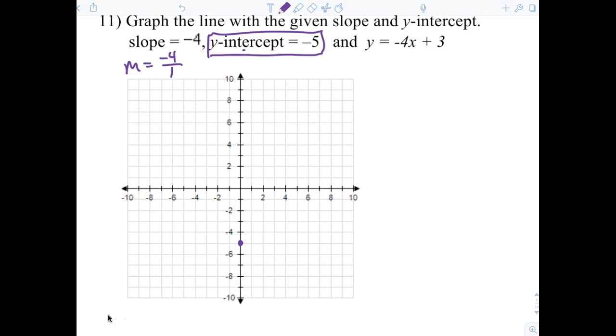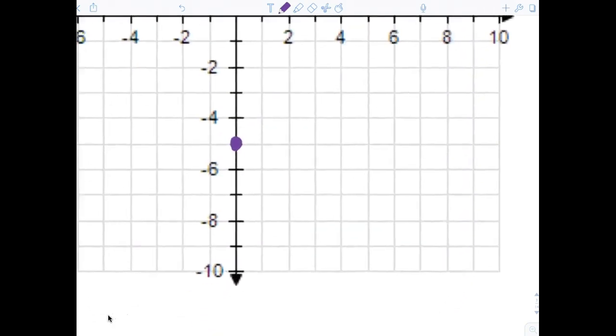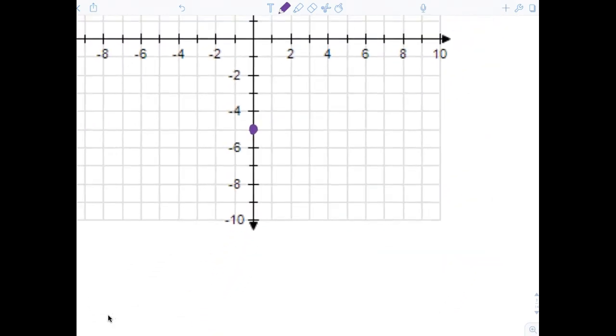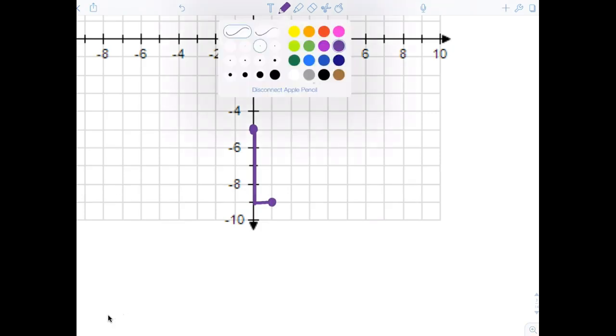Everybody good? So now, from this point, I have to go down 4 to the right 1. So I'm going to go down 4 and then to the right 1. Plot the next point. And now I just draw the line.